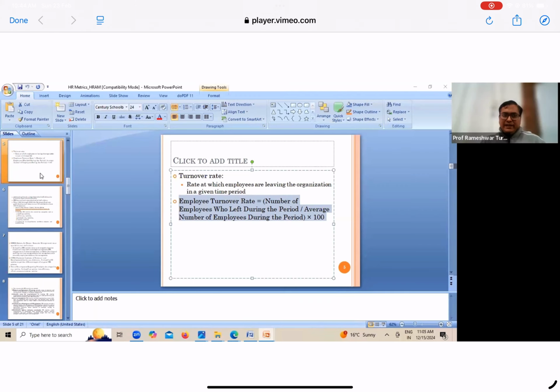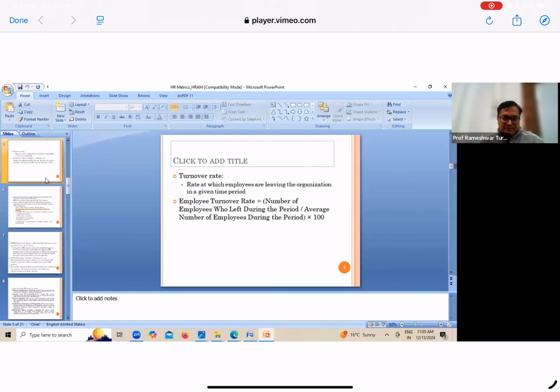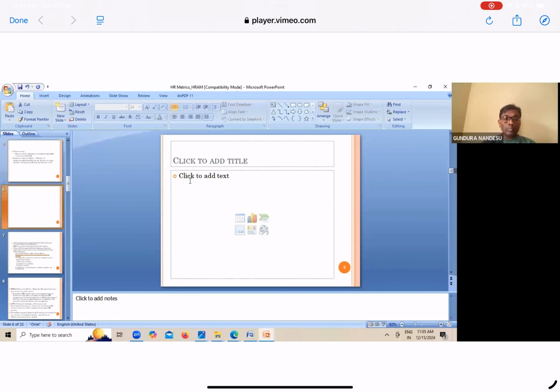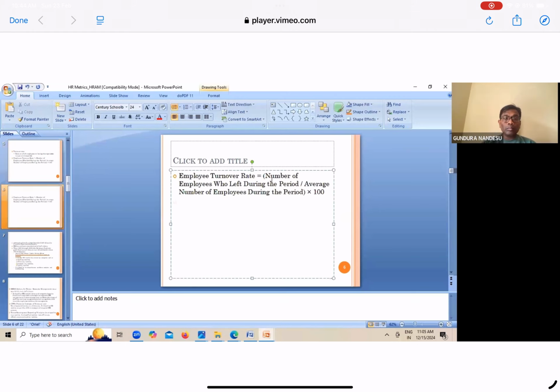Now we need two things if we want to calculate this. This is the formula. Do we have this value? Number of employees who left during the period: 30. Yes, sir. We need the second value, the average number of employees.